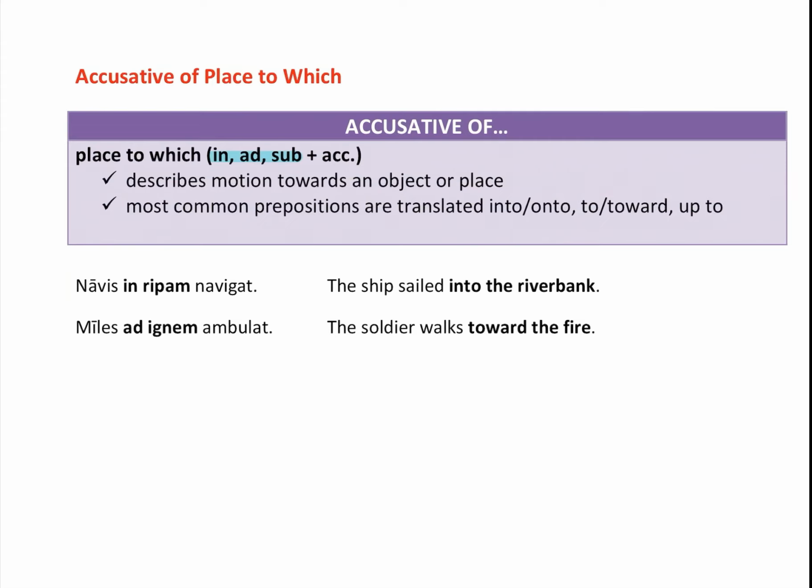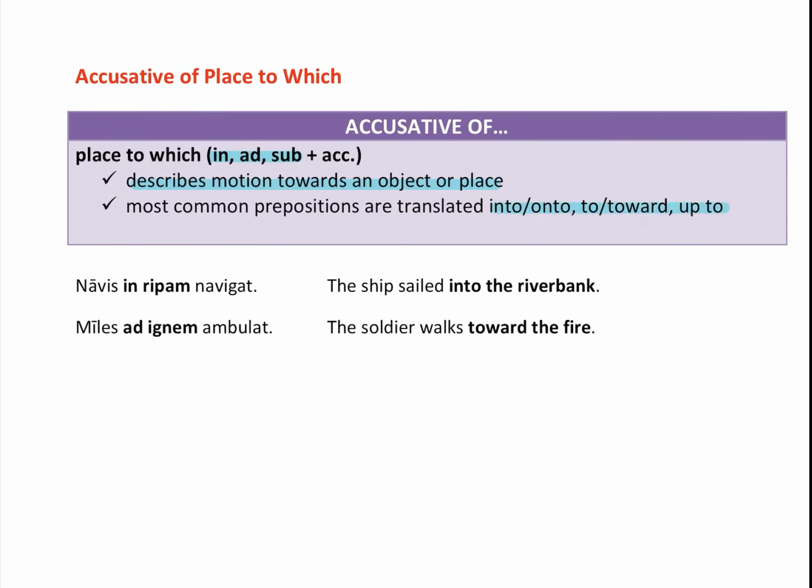Remember, in can mean one thing with the ablative, and another with the accusative. With the ablative, it means in or on. With the accusative, it means into or onto. And sub with the ablative means under. Here with the accusative, it'll mean up to. And it describes motion towards an object or a place. The most common prepositions are translated into, onto, to, toward, and up to.